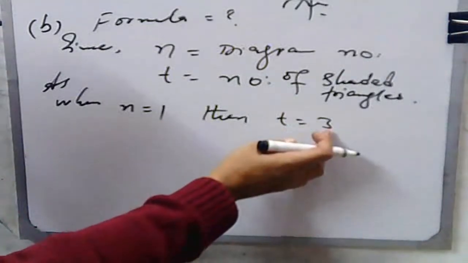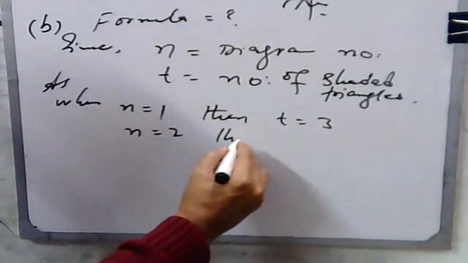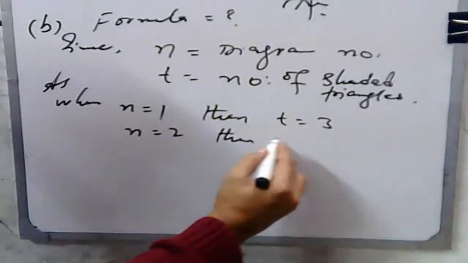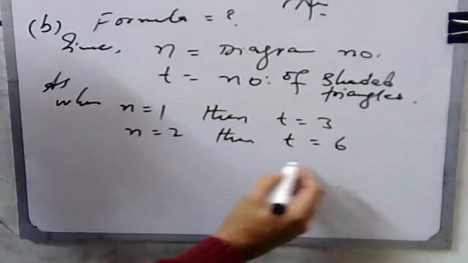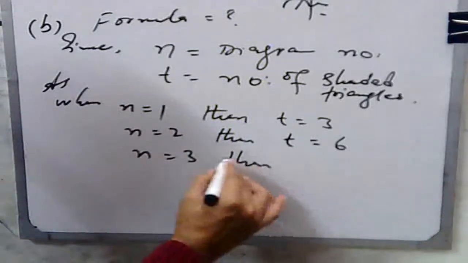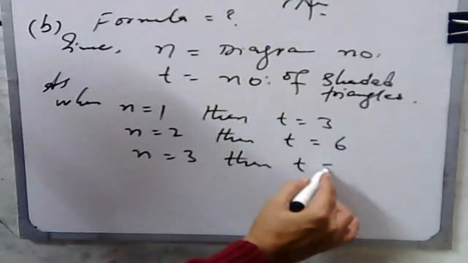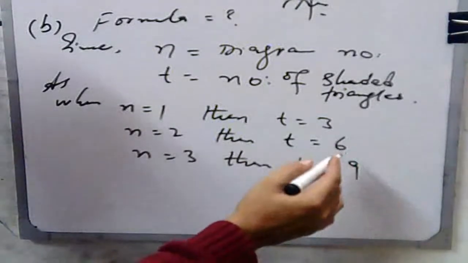When you see diagram number 2, the number of shaded triangles is 6. Similarly, in the third diagram, the number of shaded triangles is 9. So the difference is 3 each time.